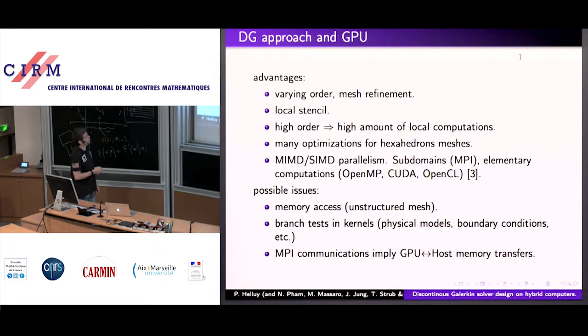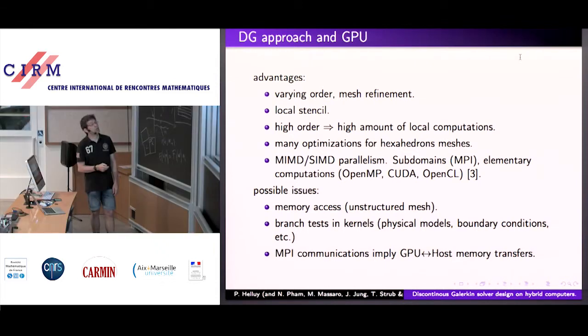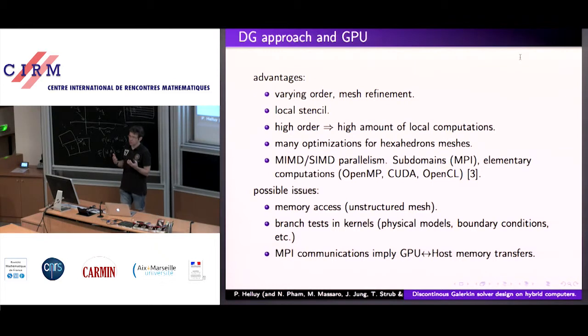And another problem that you have to take care of is that when you perform MPI communication between two subdomains, if your data are on a GPU, you will have to communicate between the GPU and the host to get the data on the host. And once the data are on the host, you have to exchange with the neighboring subdomain. So you have to take care of this too.